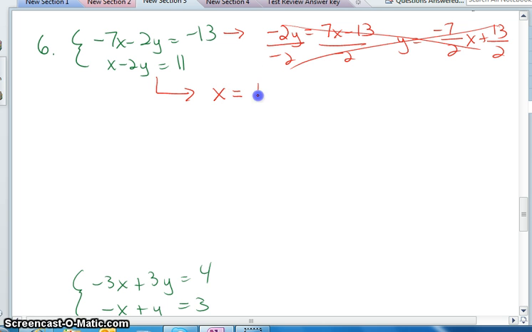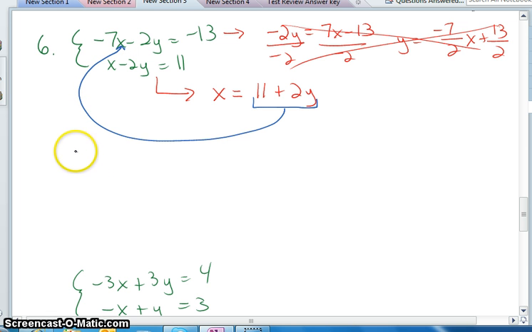If I get x by itself, I'll get x equals 11 plus 2y. Is that okay? Yeah. Now I've got 11 plus 2y, that's the x value. So I'm going to take that x value and put it in here for x. So now I've got negative 7 times x, which I know is 11 plus 2y, minus 2y equals negative 13.